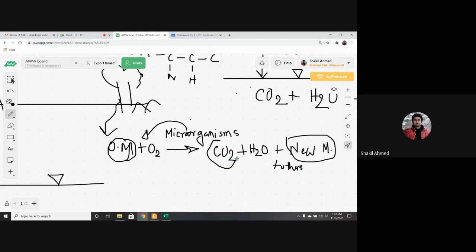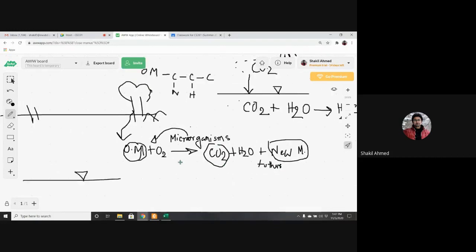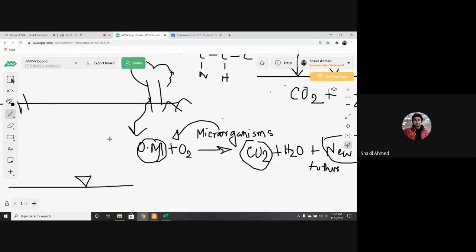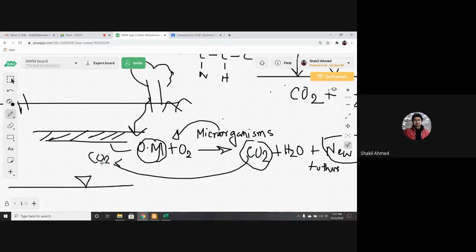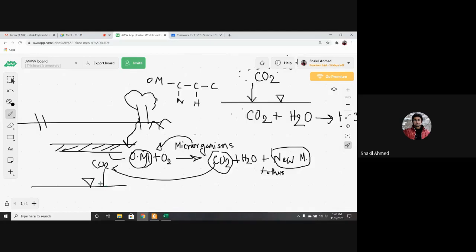So this carbon dioxide, if there is a confined layer here, then the carbon dioxide is basically confined here. And since they are confined, they are under pressure, and under pressure they get dissolved into the water.